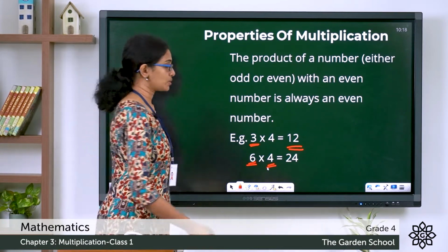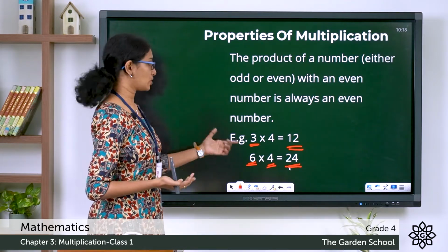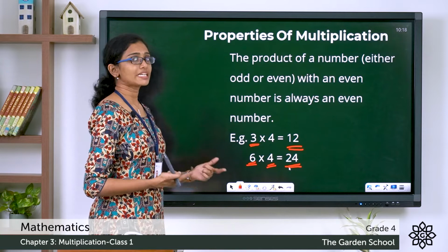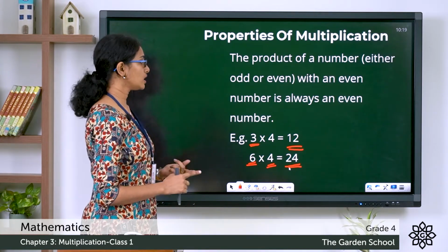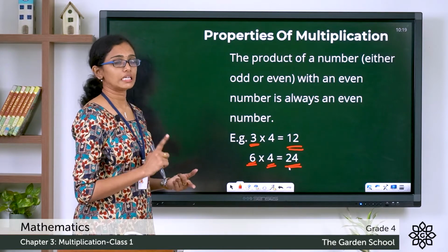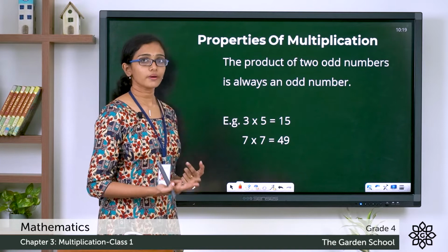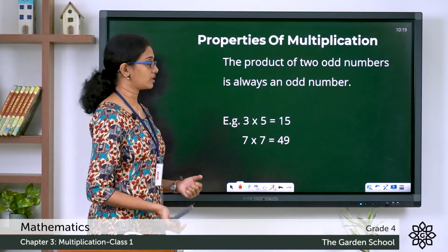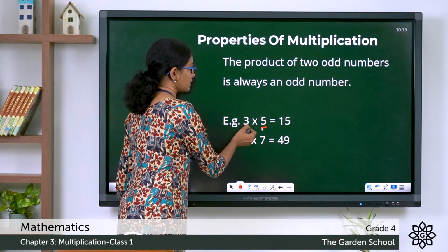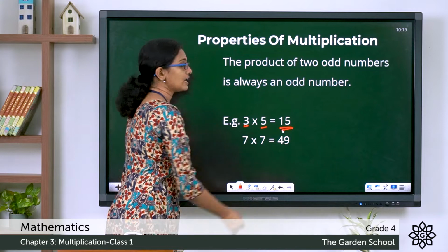And the product is also an even number. So, even if the multiplier or any number, let it be odd, let it be even, is multiplied by an even number, the product will always be even. And there is one more case, if 2 odd numbers are multiplied, the product will always be an odd number. See, 3 into 5, 3 is odd, 5 is odd. And what about the product? That is also an odd number.